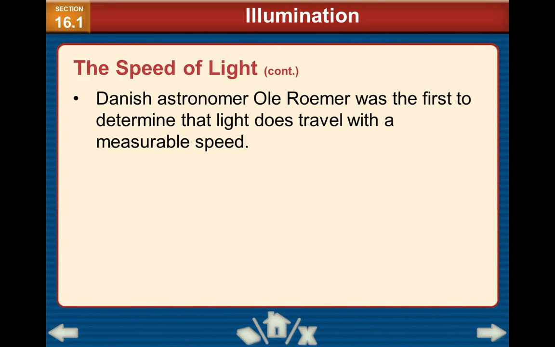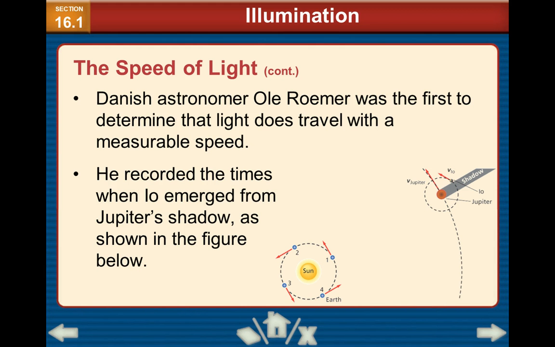So really the first guy that came up with any kind of measurement was a guy by the name of Romer. And what he was doing was he was noticing that if you measured how long it took the moon of Jupiter, Io, to pass behind Jupiter, it was longer at some times of the year than others.